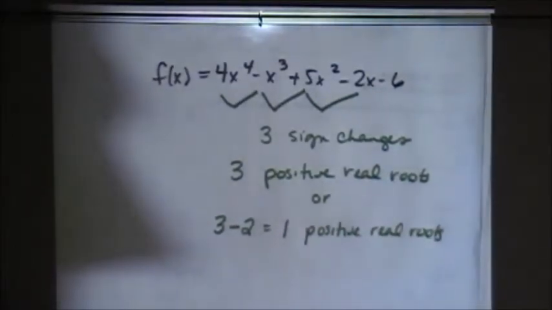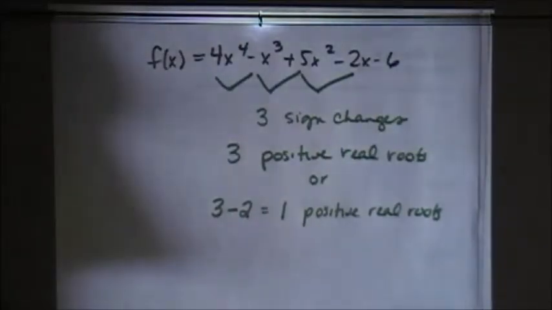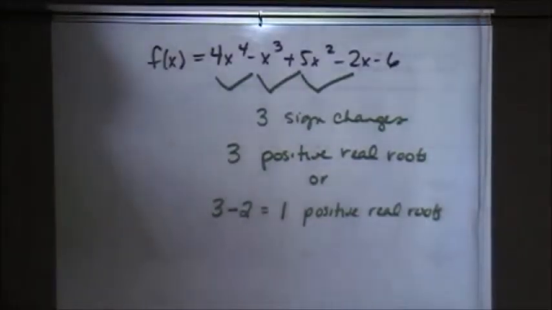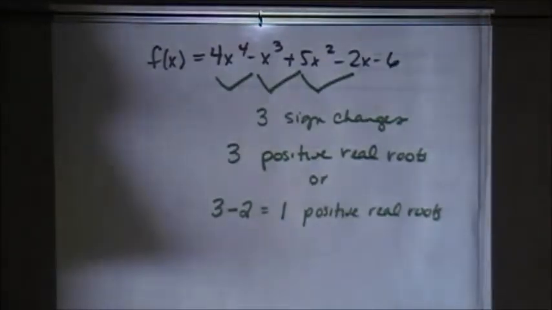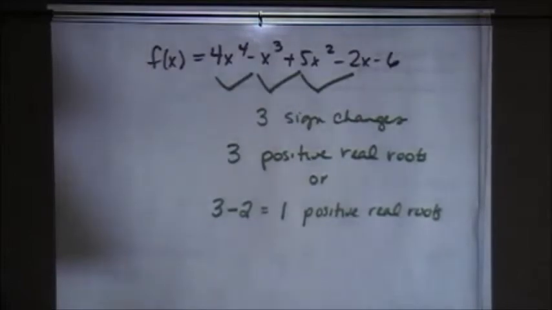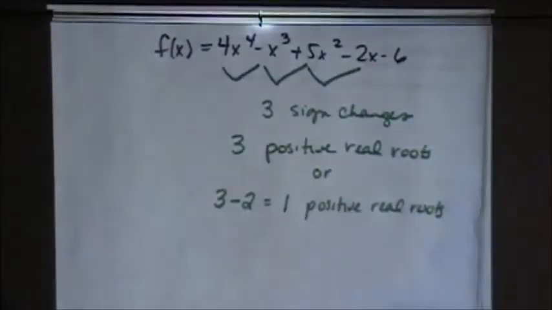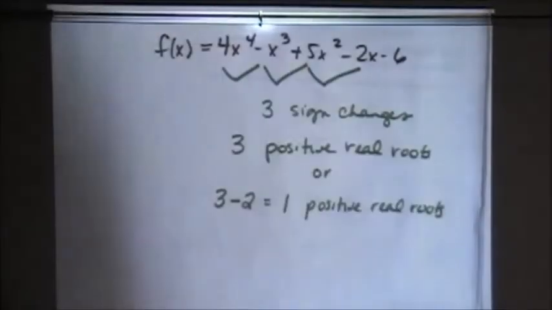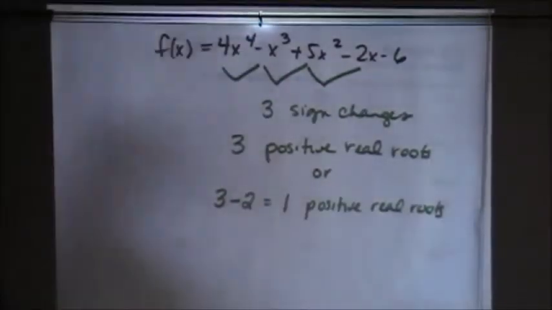Now that's how you determine the number of positive real roots. But you can also determine the number of negative roots by replacing x with negative x. So we'll do the same functions that we've already done, but we're going to go back and replace x with negative x.